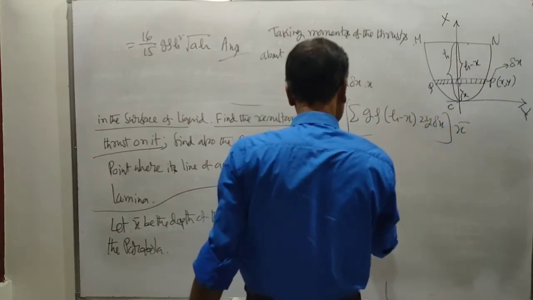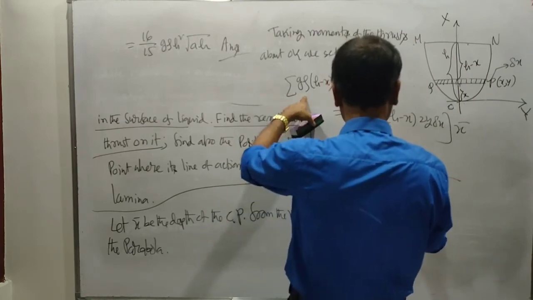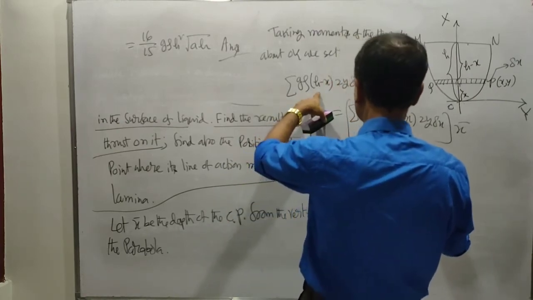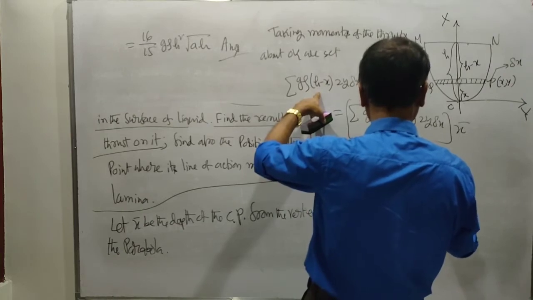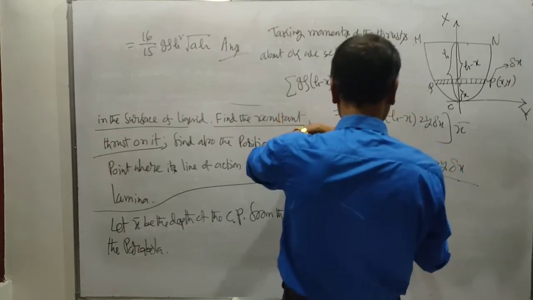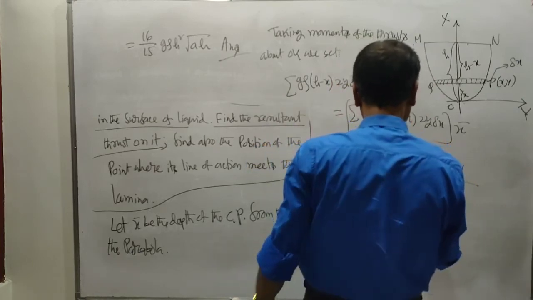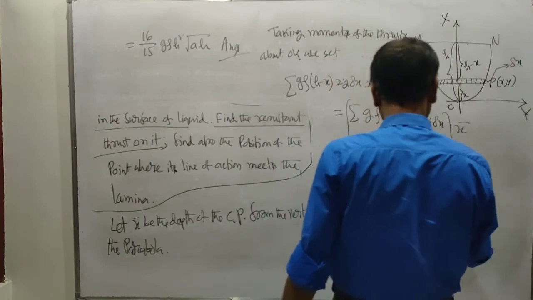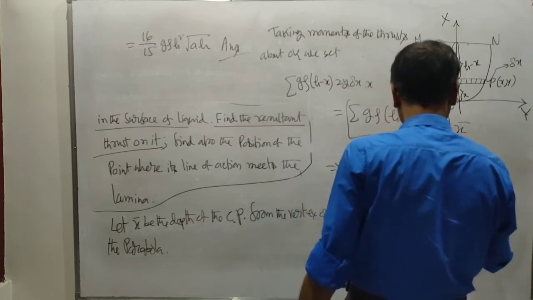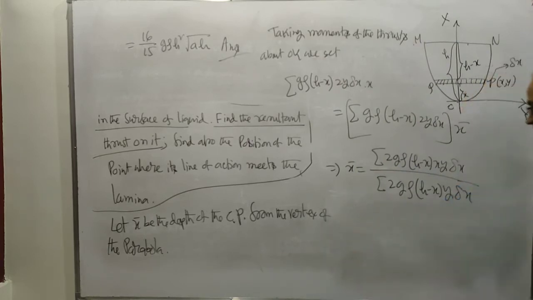This means x bar equals summation twice 0 to h, h minus x, x y delta x, divided by summation twice 0 to h, h minus x, y delta x.